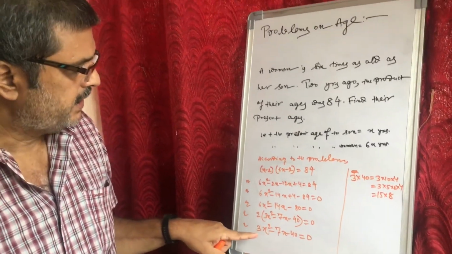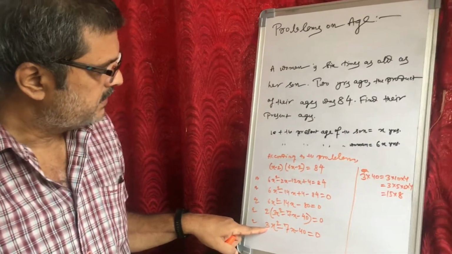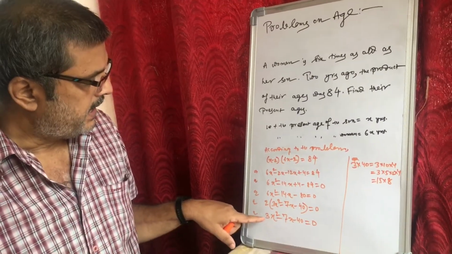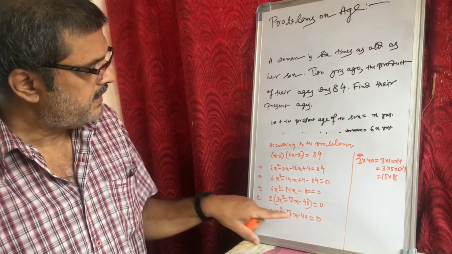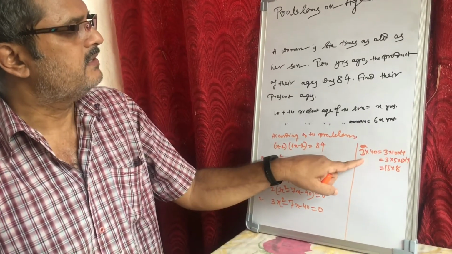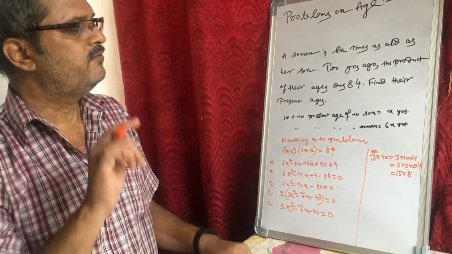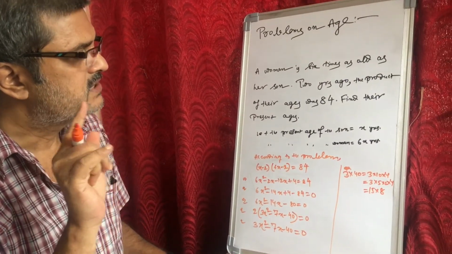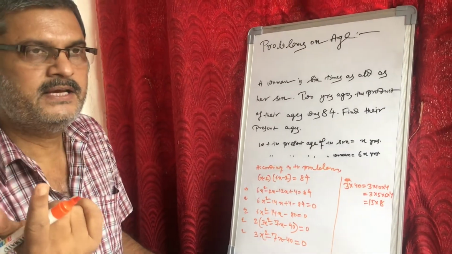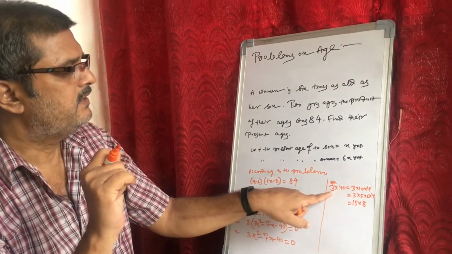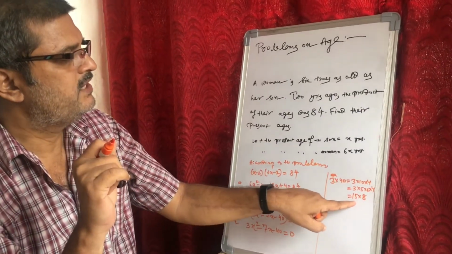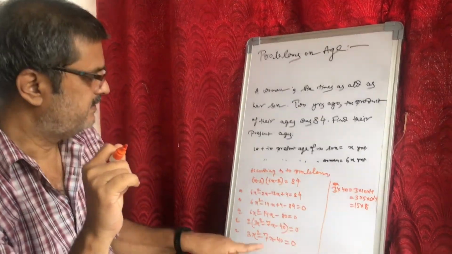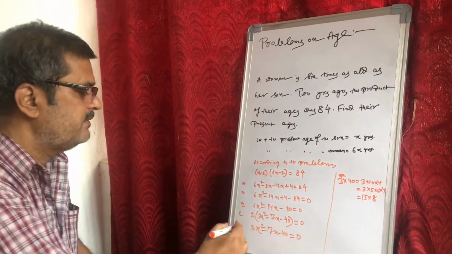You know that in order to find the factors of 3x square minus 7x minus 40, I have to multiply 3 and 40, that is 120. Now I have to find out the two factors of 120 whose subtraction or addition will be 7. Now 120 is equal to 15 into 8. So 15 minus 8 is 7. So here is 7.